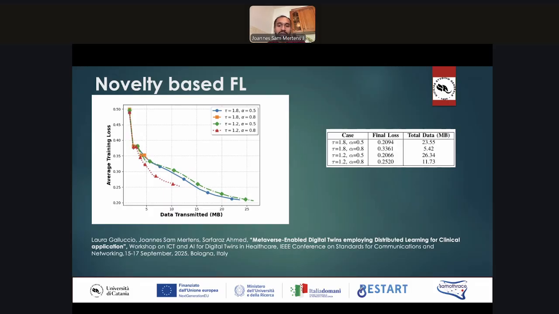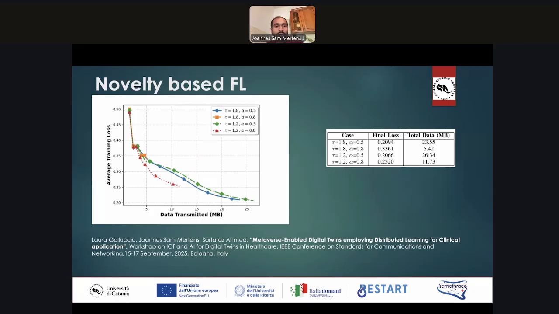But if you set a very high threshold, then obviously fewer nodes will participate, so the total data transmissions will be lesser. And this work was presented at the recent IEEE conference on standards for communication and networking that happened in Bologna in Italy.